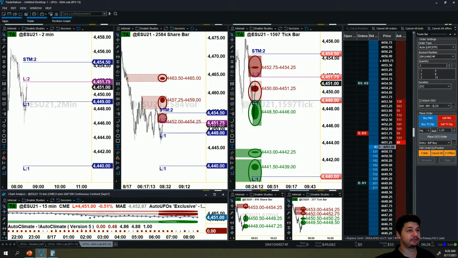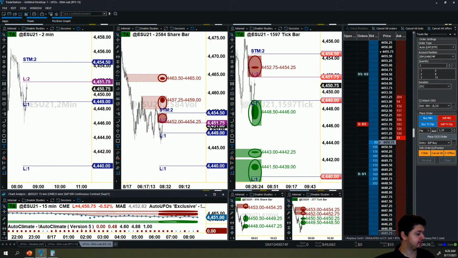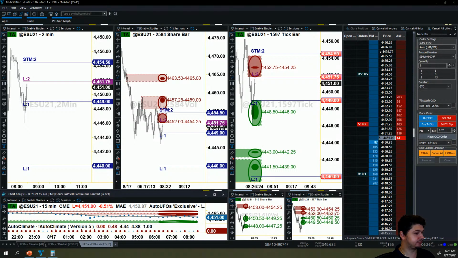Come on, ES, give us something here. All right, I guess not. It would be nice to get filled on this trade, and then the open to push it down to T1, and then figure out if it's going to shoot higher or lower. My gut feeling is it does go lower, but we're going to see.